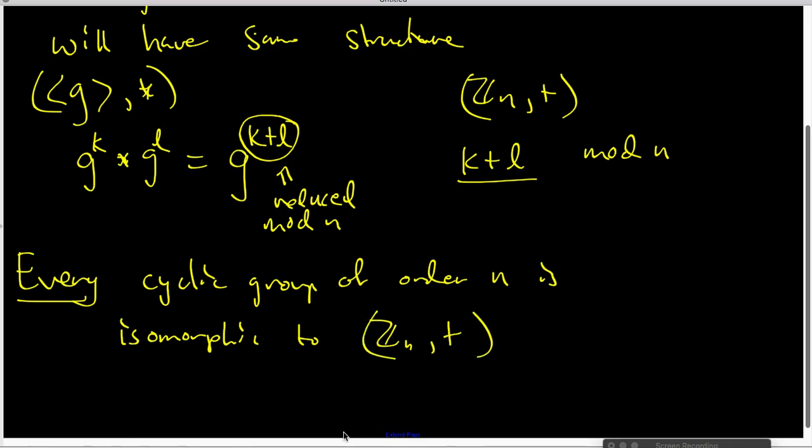It's just that when we want to write groups multiplicatively, we will write the cyclic group multiplicatively as a generic group of order n, where we know that g to the n is equal to e. So these two groups are going to be isomorphic to each other.